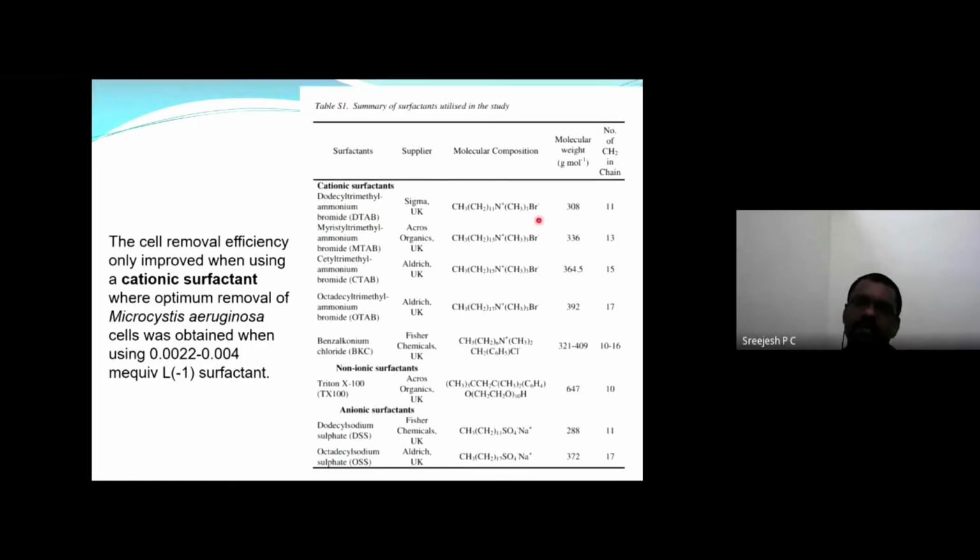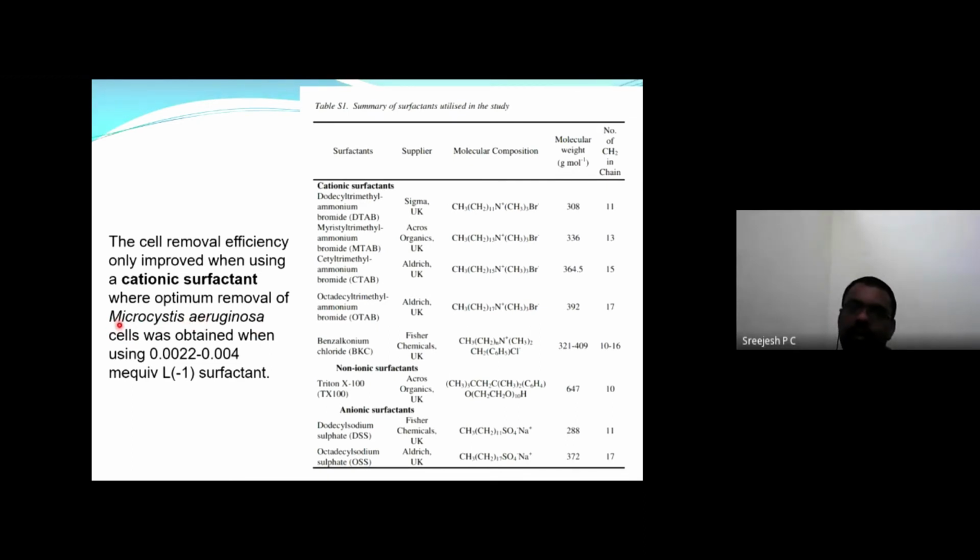In this method, they have used different types of surfactants. They classified the surfactants into three different categories: cationic surfactants, non-ionic surfactants, and anionic surfactants. Three different categories of surfactants were tried in this research article, and they found that the cationic surfactants were optimum for the removal of the microcystic algae.